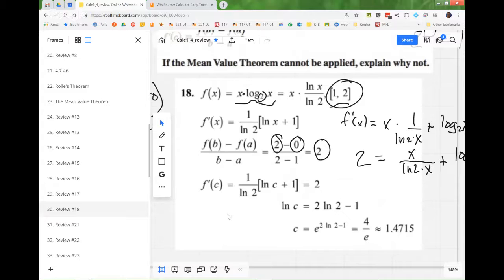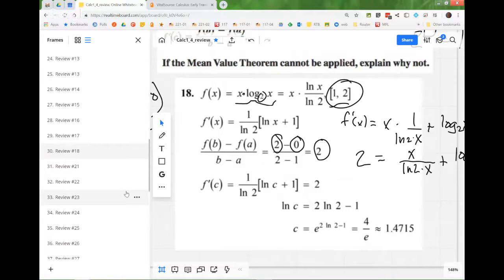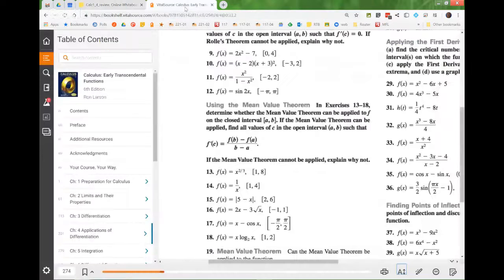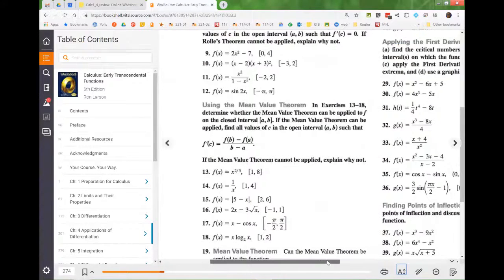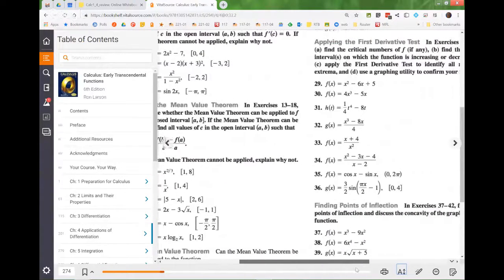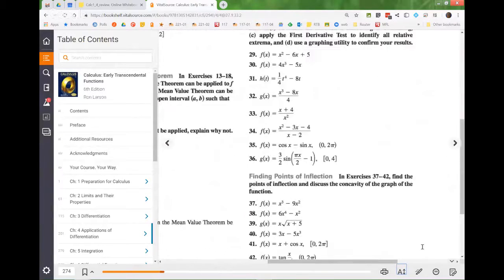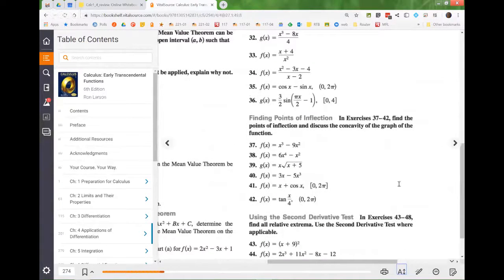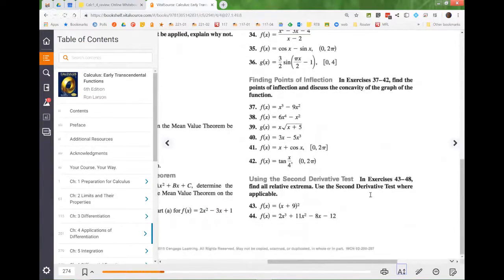So, questions? Can we do a second derivative test question? Okay, so we're talking about, let's see, on the assignment, finding points of inflection? Or the ones with intervals?